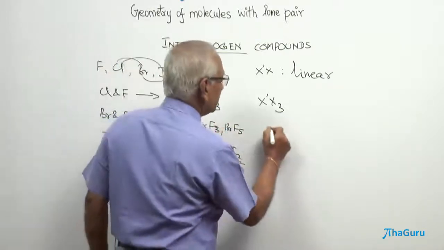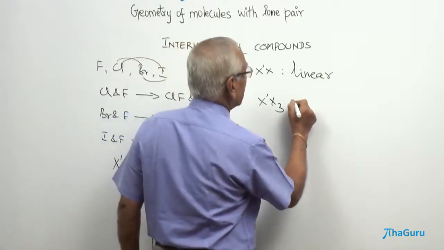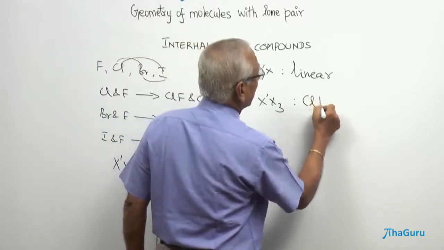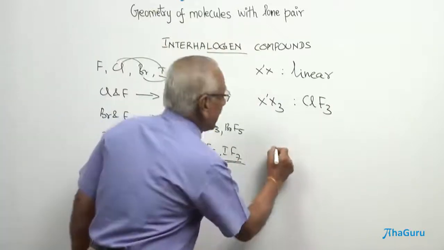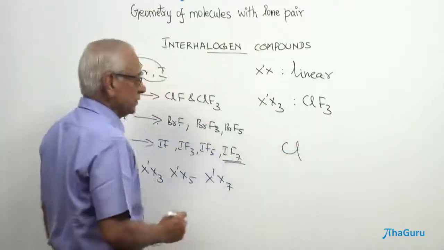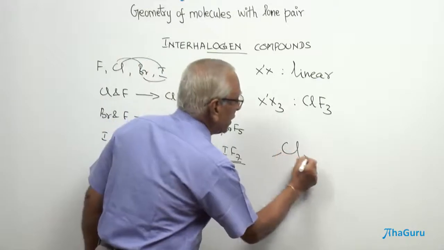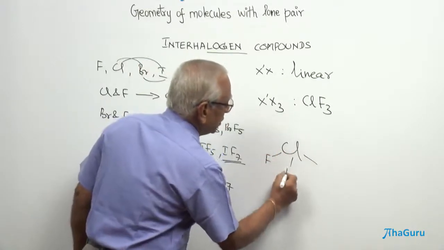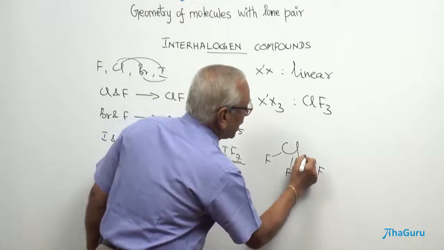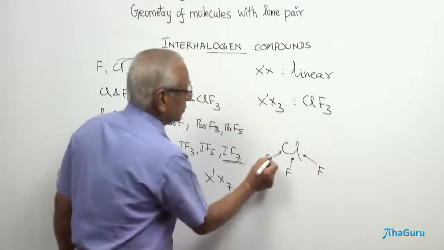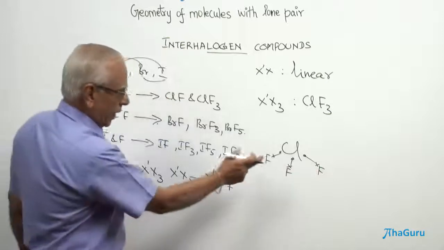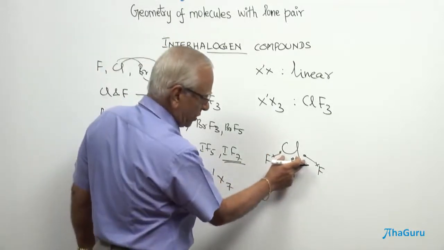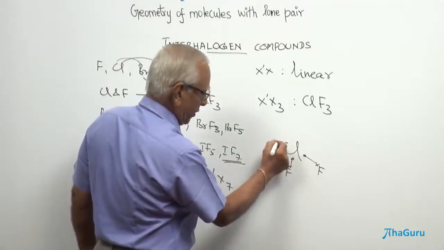Let me take ClF3 as an example. Chlorine has 7 electrons in the outermost shell. Therefore, there are going to be 3 bond pairs. So, I have made use of 3 electrons of chlorine and these are the electrons of fluorine, and of the 7, 3 electrons are used in the bond formation.